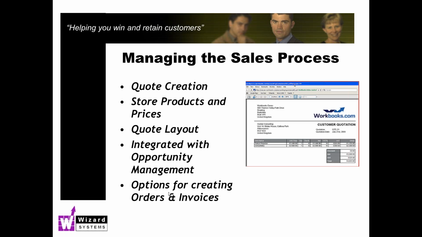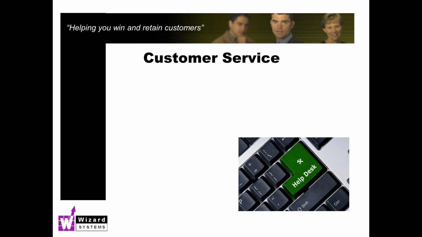So if you've got fairly straightforward billing and accounting requirements, Workbooks could be great for you. And in the UK, we do also integrate to Sage 50. So if you're using the Sage accounting system, we can link the two together to help you save time and prevent the double entry of information.